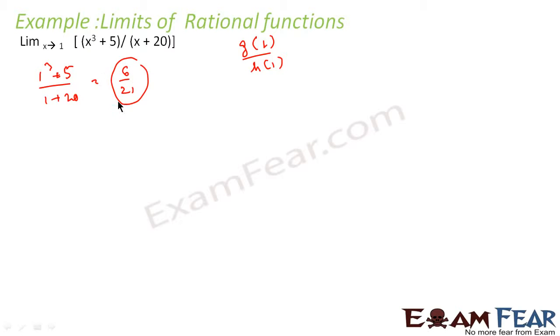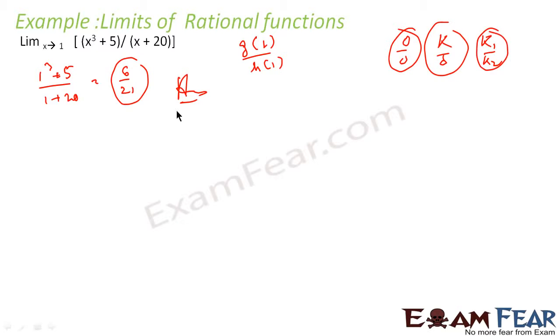So we'll say that the limit of this is equal to 6 by 21. That is the answer. Because had this been 0 by 0 form, we would have to refactor. Had this been k by 0, we would have told that this is undefined, but this value is k1 by k2. Correct? So that means this is a valid number. And we can say that for (x cube plus 5) by (x plus 20), the limit as x tends to 1 is nothing but 6 by 21.